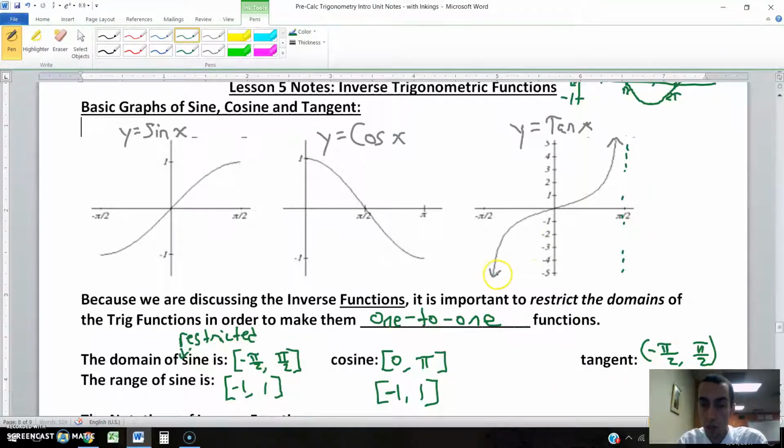Then the range. So the range is all possible y values. This graph continues to go down forever and continues to go up forever. There's no limit on what y values this tangent swoop can have. And so the y values run from negative infinity to positive infinity.